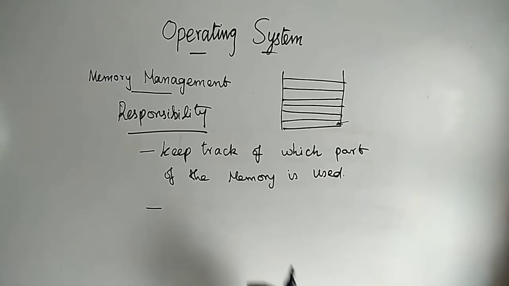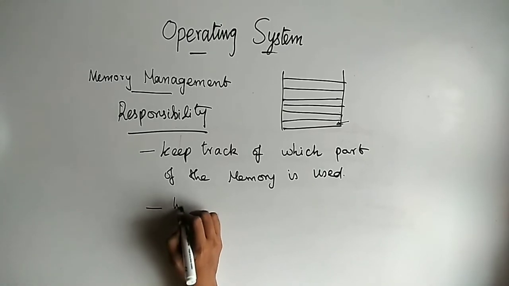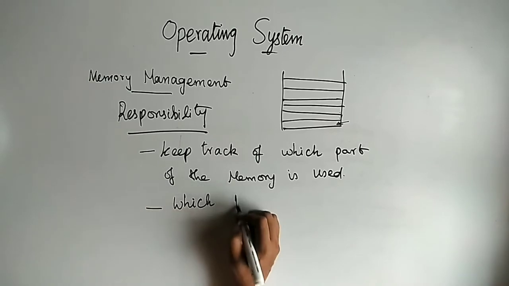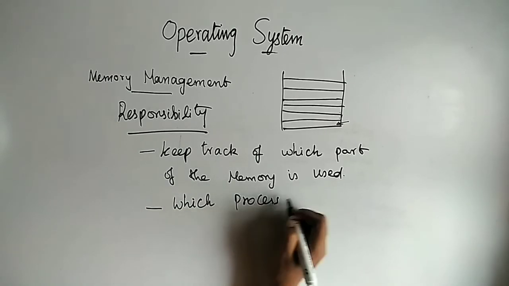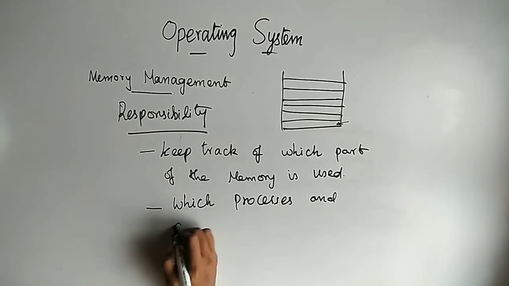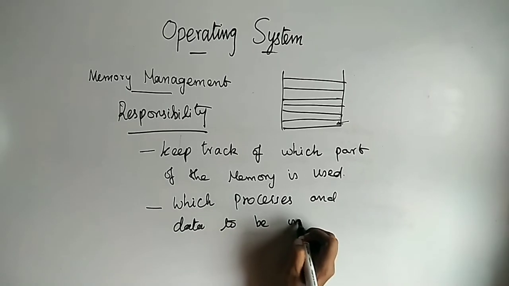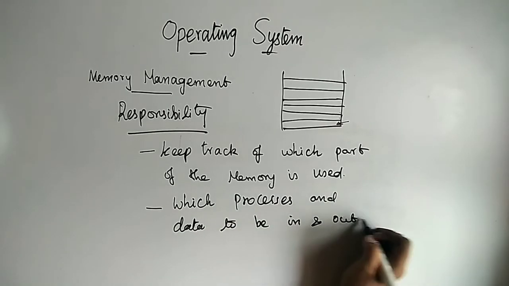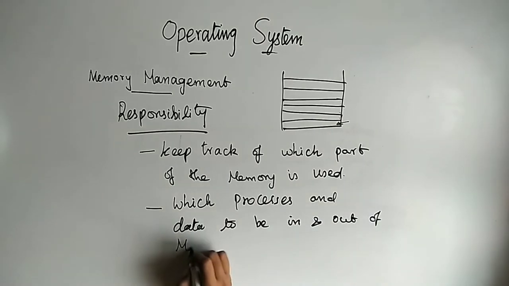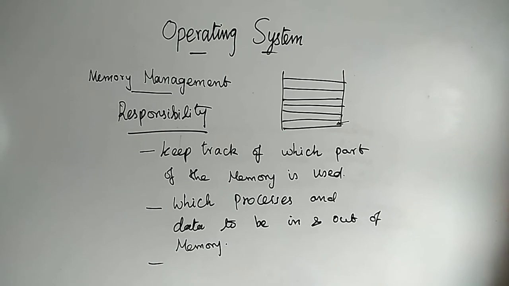Yes, this memory management concept in the operating system. It is going to determine which process and data to be in and out of memory. அதையும் யார் டிசைட் பண்ணணும்? ஆப்ரேட்டிங் சிஸ்டம் ஒன்லி.